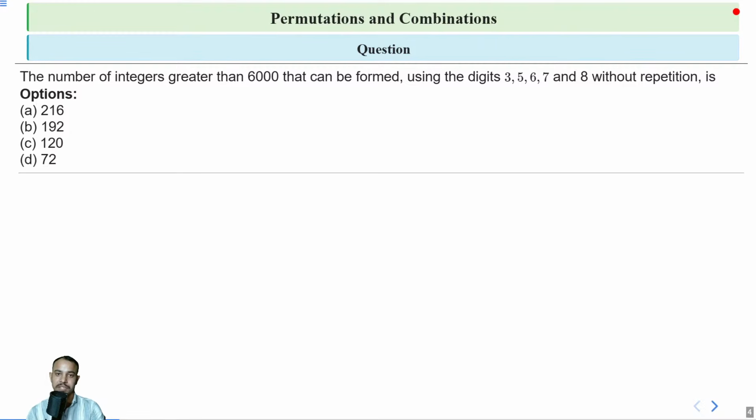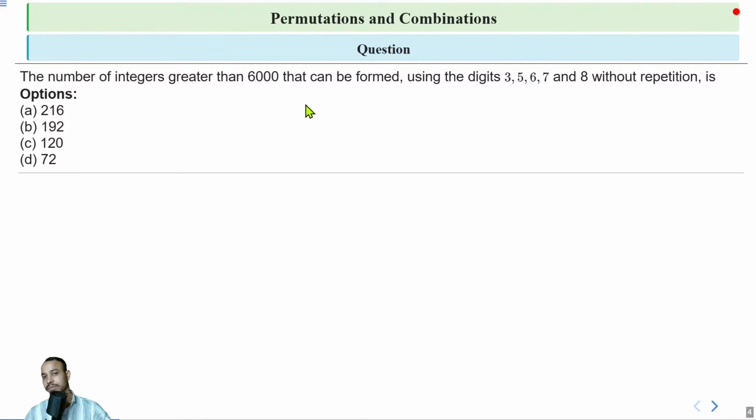So what you have to do is find the number of integers greater than 6000. I'm giving you a hint. You will get two cases. Case 1, you will take 4 digits.